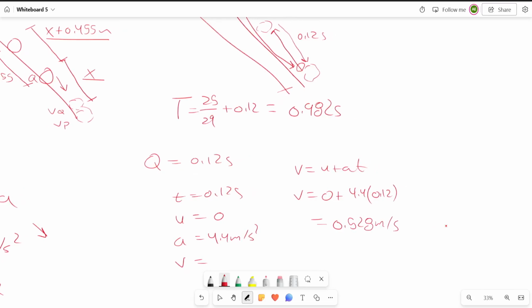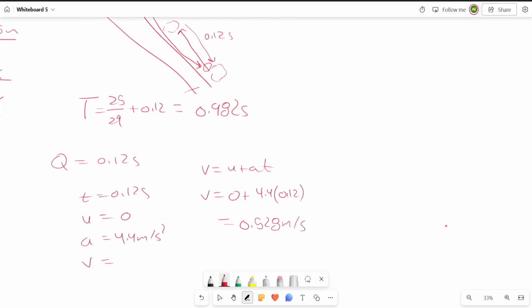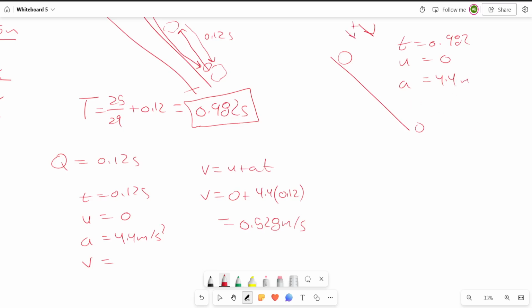And let's try to do the same for P. For P, I can take from the beginning of the question until they collided, which was the whole time, where time was 0.982. My U was 0, my acceleration was 4.4. This was all in this direction, it's positive, and I need my VP, which I don't know. So I will use the same equation.